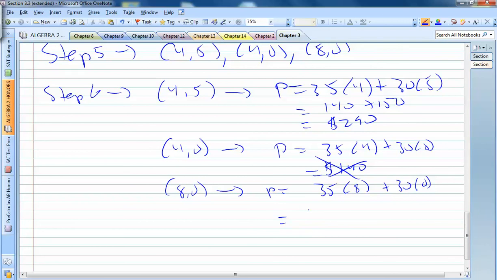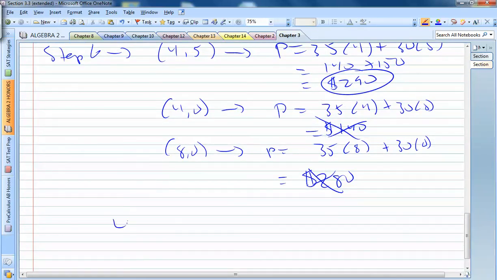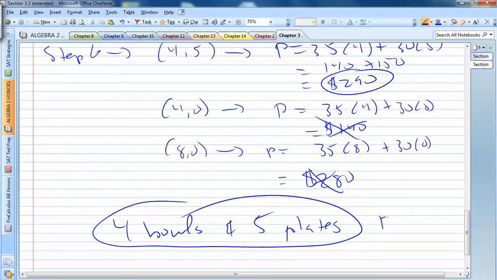Yeah. So it's good money too, but we make a bit more money by doing 4 bowls and 5 plates. So the answer is going to be 4 bowls and 5 plates, and that will optimize my profit.